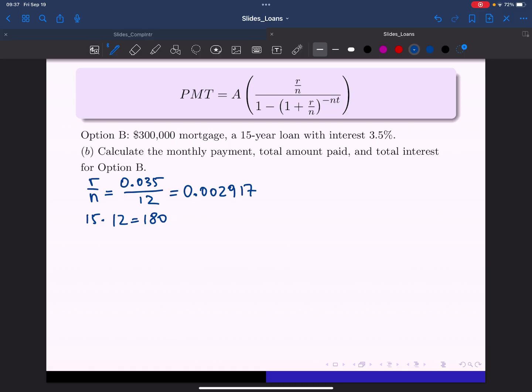So my PMT would be the loan, 300,000 times 0.002917 divided by 1 minus (1 plus 0.002917) to the power minus 180.